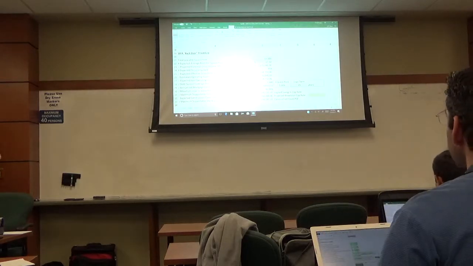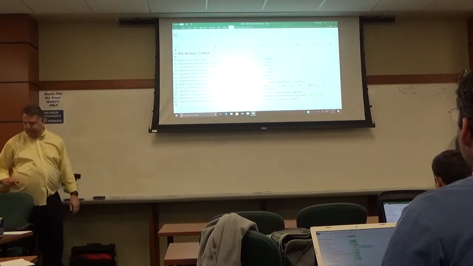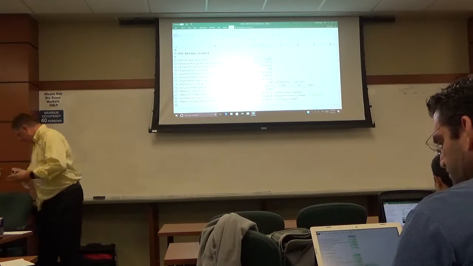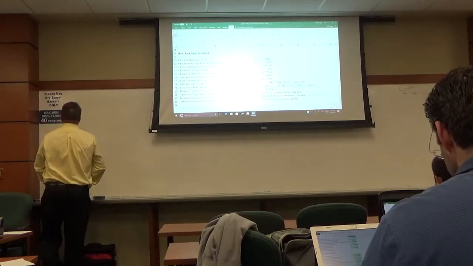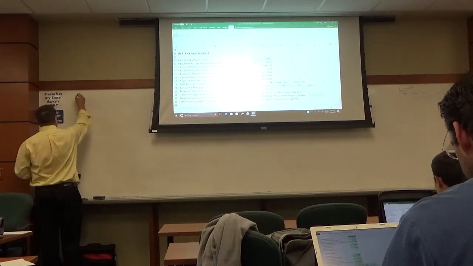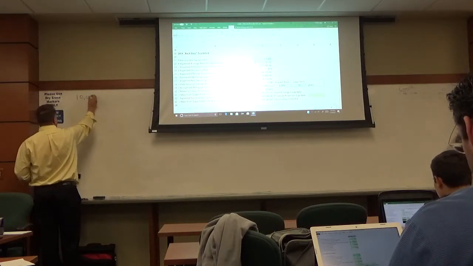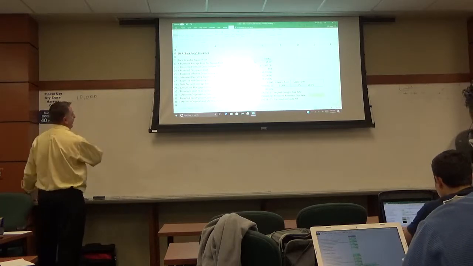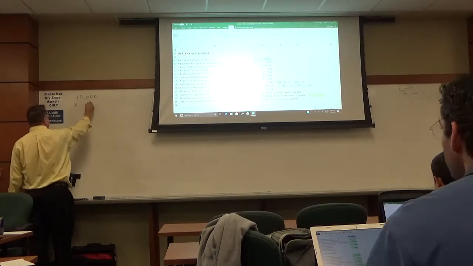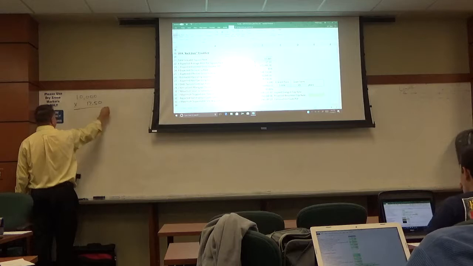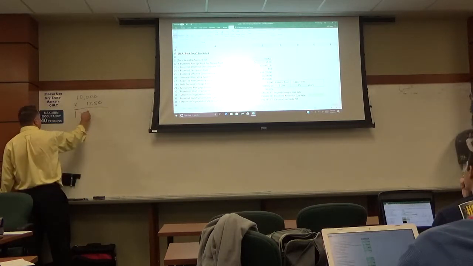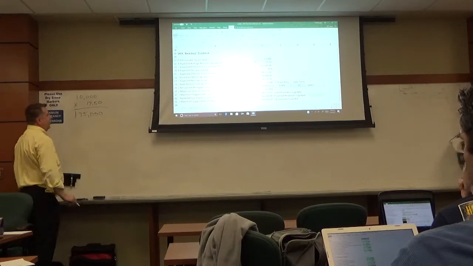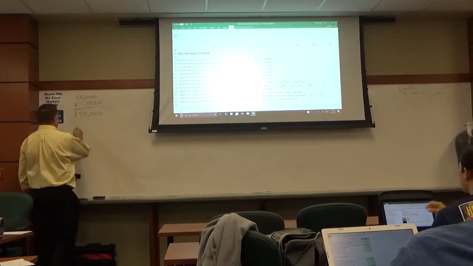Here, we're starting out with the 10,000 square feet. We know that our rent rate is $17.50 per square foot. So we just do the basic math of getting our 175,000, which is going to be our potential gross income.